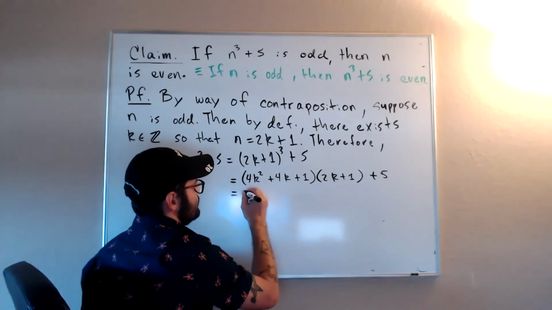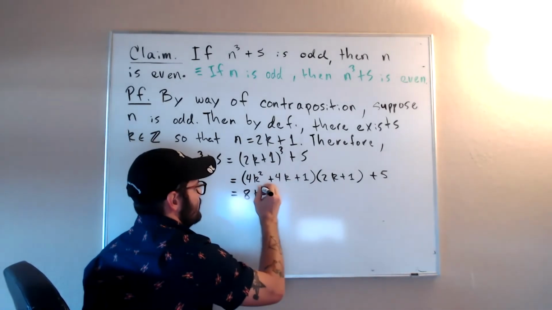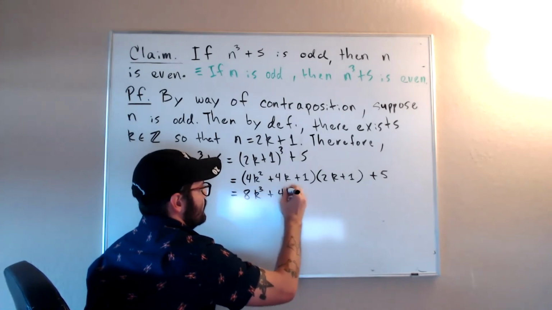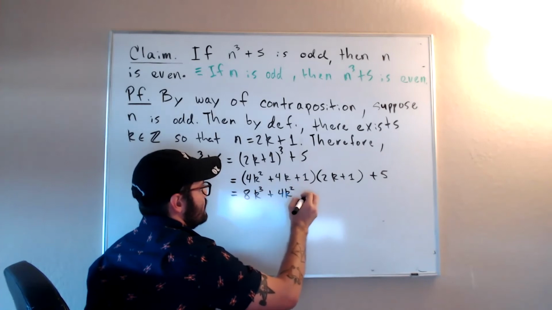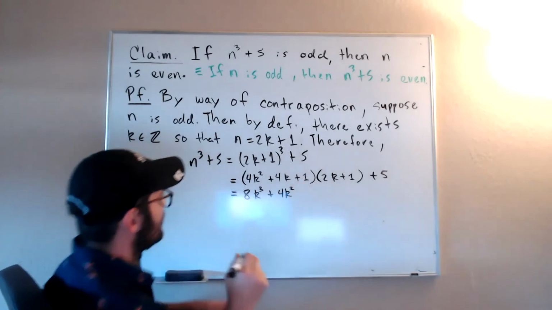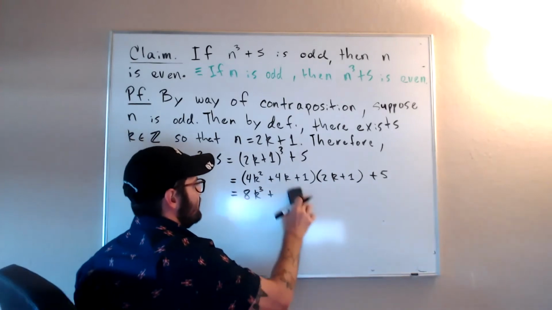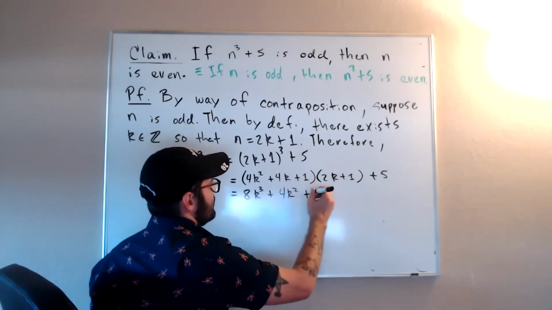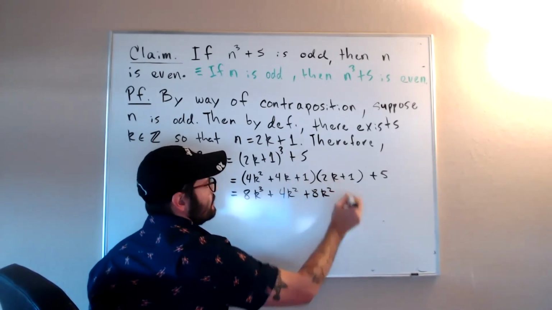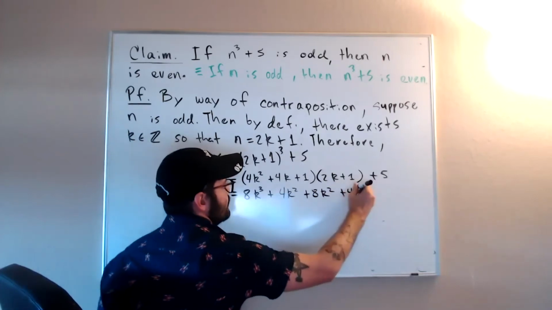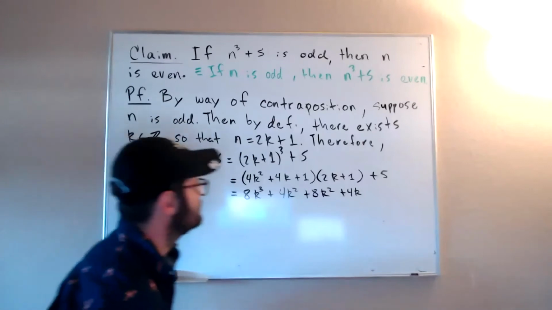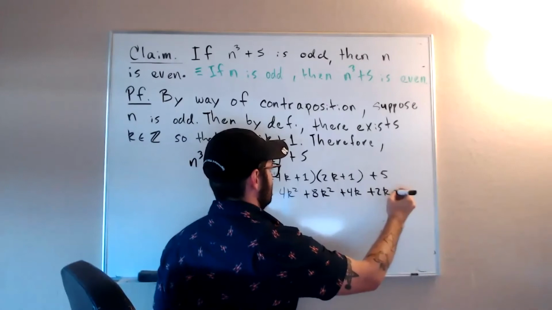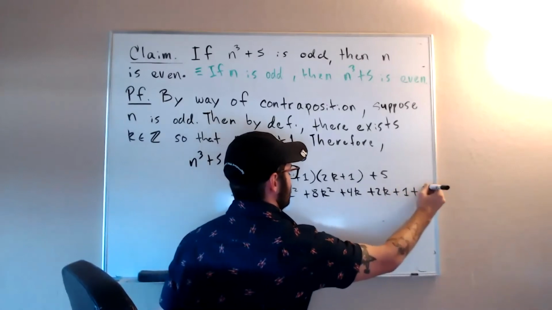This would be 8k cubed plus 4k squared. So actually, do this carefully here. 4k squared plus 8k squared plus 4k plus 2k plus 1 plus 5.